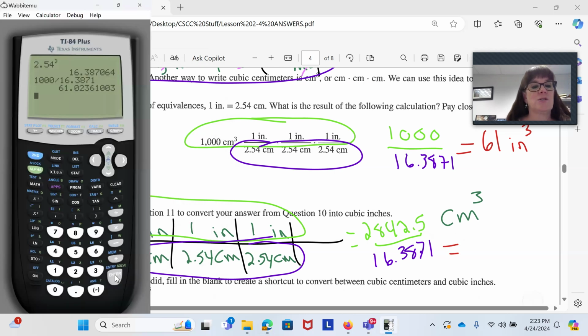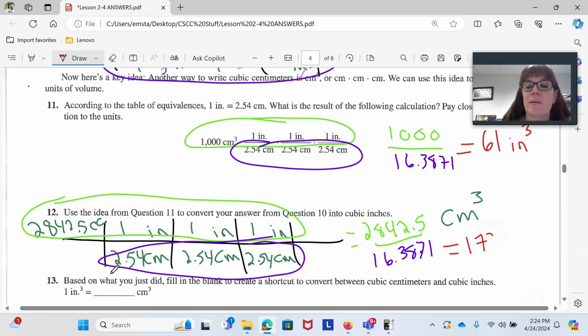So let's take 2,842.5 divided by 16.3871. Helps if I type all the numbers in. That's an issue with the touchscreen calculator. And I get an answer of 173.45. That would round to 173.5. And that is my answer in inches cubed.